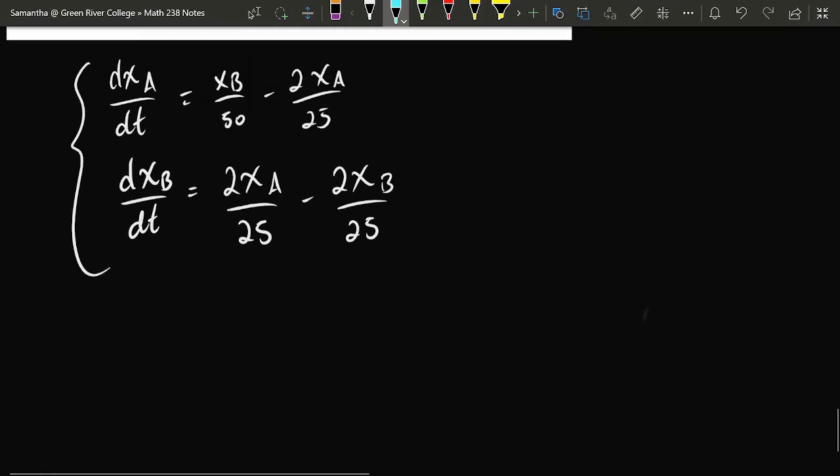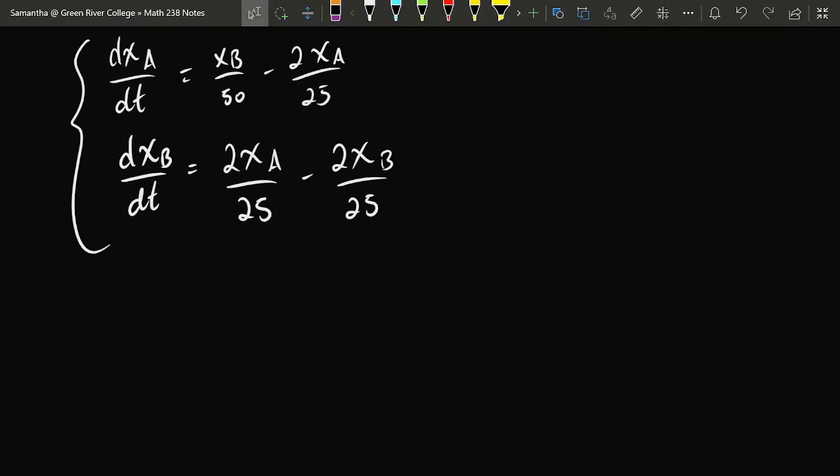The first thing that I'm going to do is I'm going to bring all of our output variables to the left side. And while I'm at it, I'm just going to go ahead and rewrite a few things using differential notation. So not the derivative of xa with respect to t, but simply dxa. I'm going to pull over the 2 over 25 xa, and I'm going to pull over the x sub b over 50.